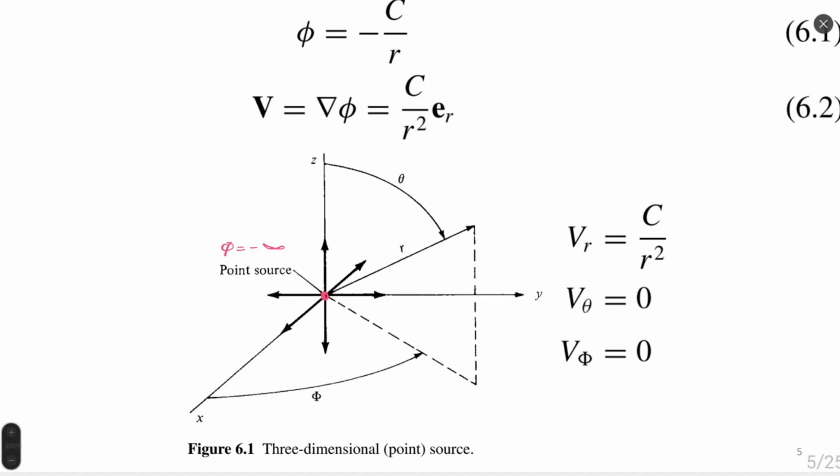Written in this spherical coordinate system, radial component of velocity is given by this function, and angular components of velocity, as you can see, are also shown. They are equal 0. Just a classical source.